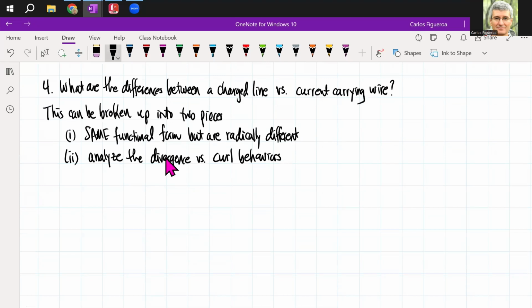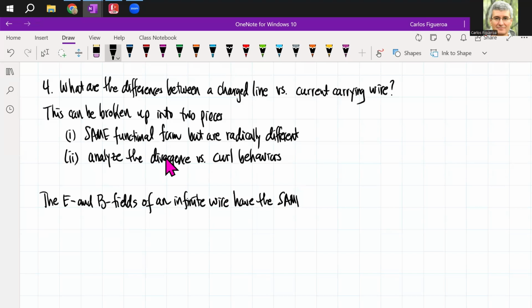So the electric and magnetic fields of an infinite wire have the same functional dependence.